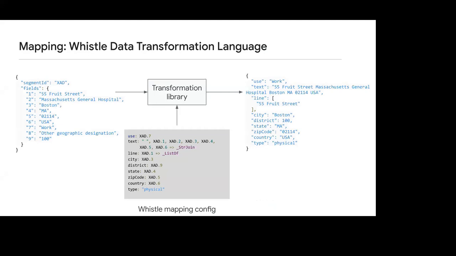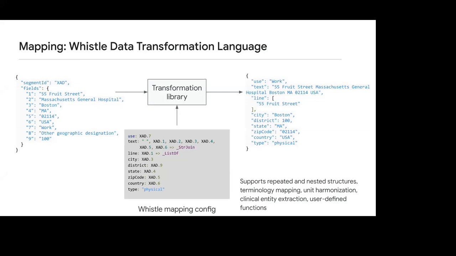Here's an example where I'm taking a JSON of the address of Massachusetts General Hospital, my local hospital, and transforming it using a WSDL mapping config. A couple of things about this. You can see that it supports repeated and nested structures, as we need with FHIR and with HL7.